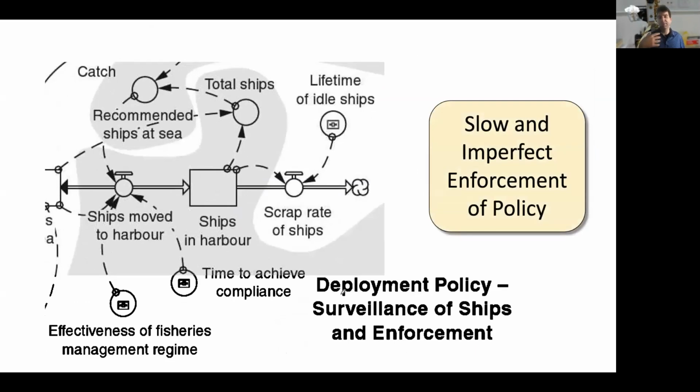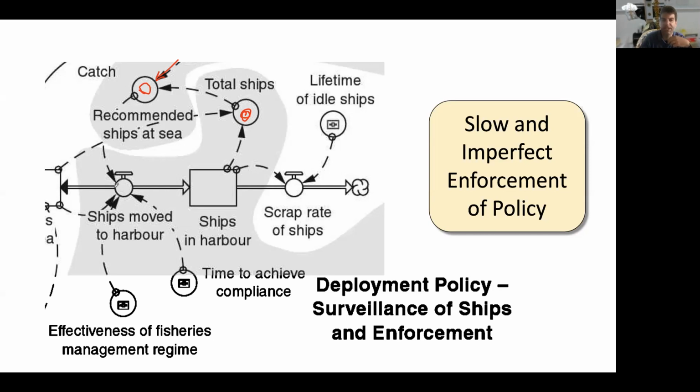Now, once we make those recommendations, we are going to have a slow and imperfect enforcement policy. We say we need to reduce the number of ships, but it's not necessarily going to happen instantaneously. So there's a total number of ships that are out there, and based on the total number of ships, we can compare to the estimate from our sustainability index of how much fishing can happen out there.